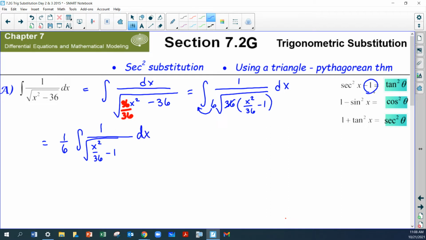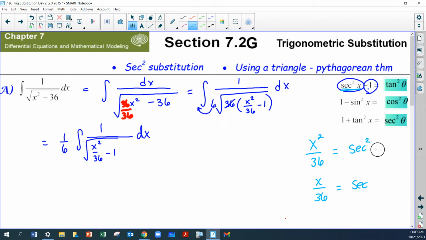So this is like secant squared minus 1. For our substitution, and maybe you want to even use a different colored pen, let's let x squared over 36 equal secant squared, because then that's going to achieve a secant squared minus 1 under the radical. Now square root both sides, and we get x over 6 equals secant.